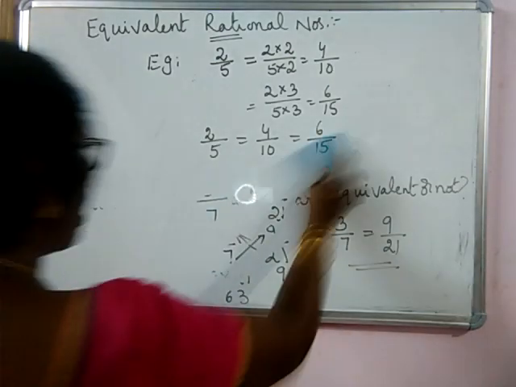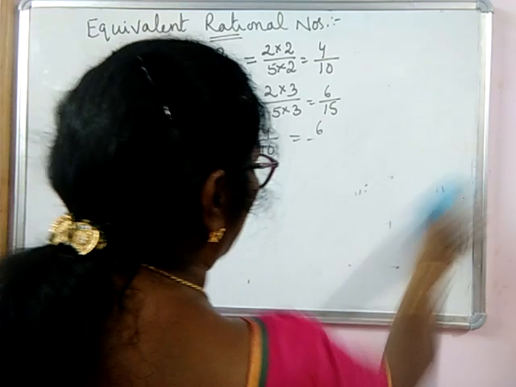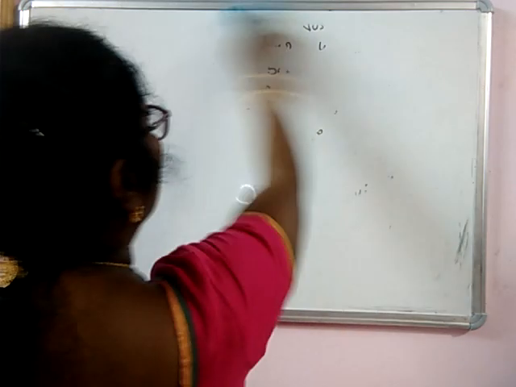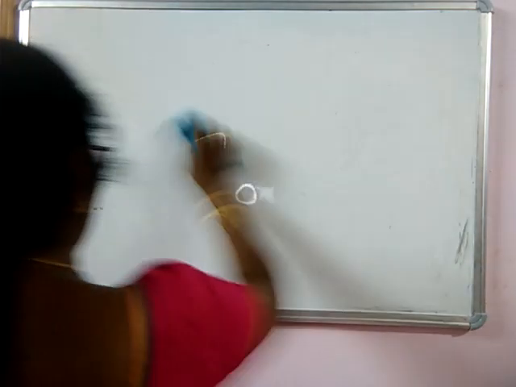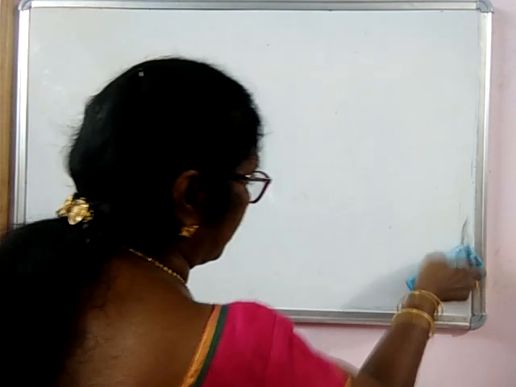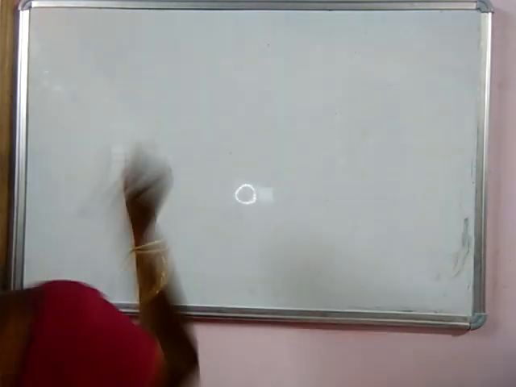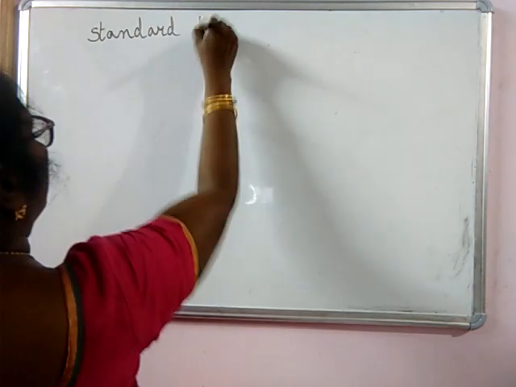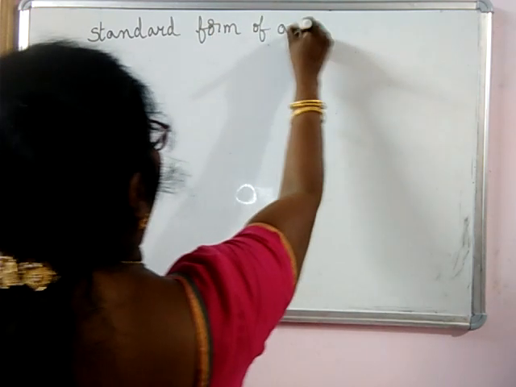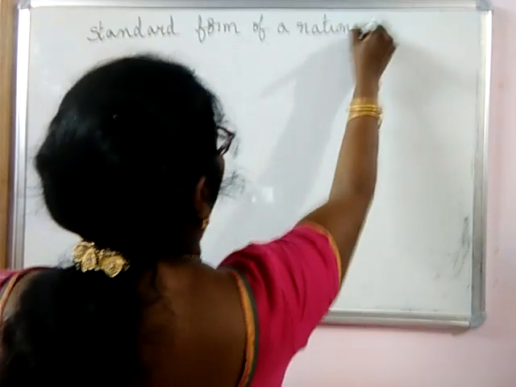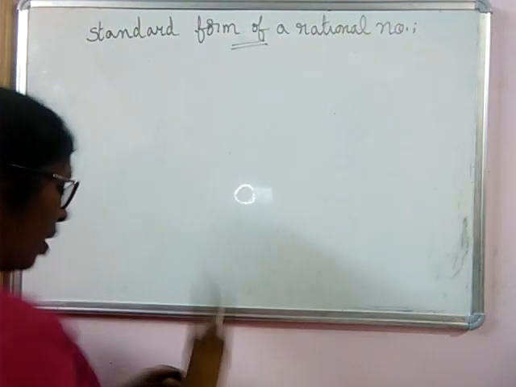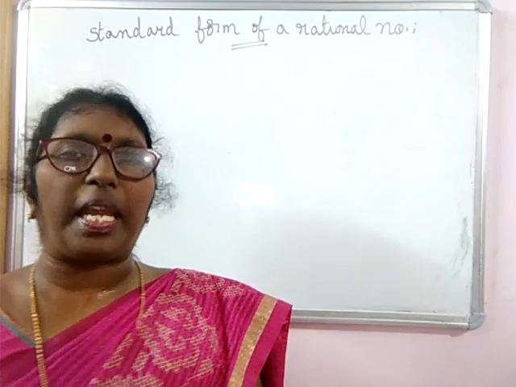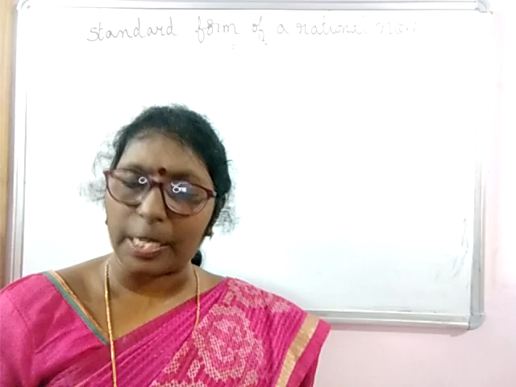Now, what is the standard form of a rational number? I already explained what is a rational number. I told you a rational number is in the form of P by Q, where P and Q are integers.